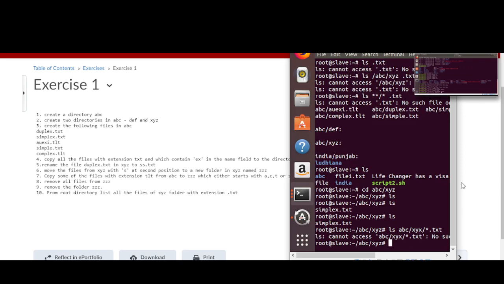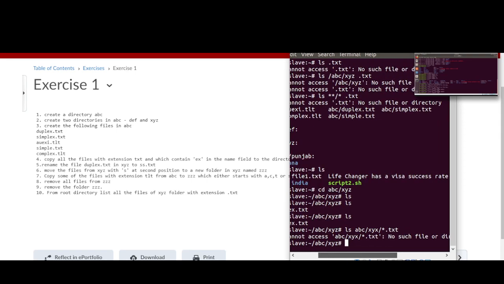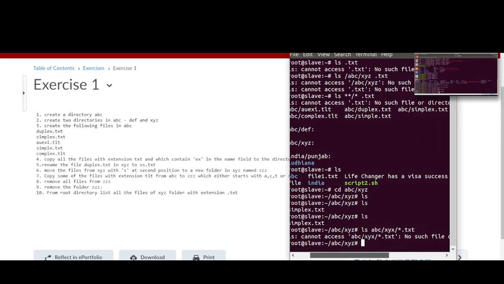Down arrow key. Okay, so here you have this problem, so now you have to understand. You have to add the sudo before the cp. So go left, go into the beginning and add sudo.